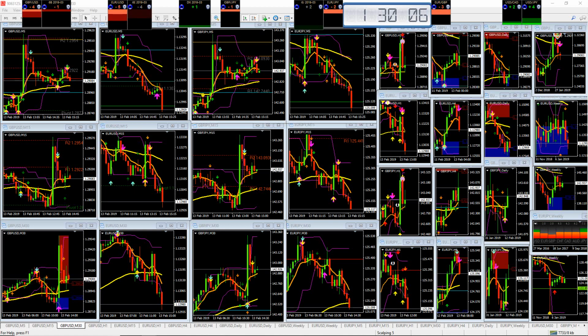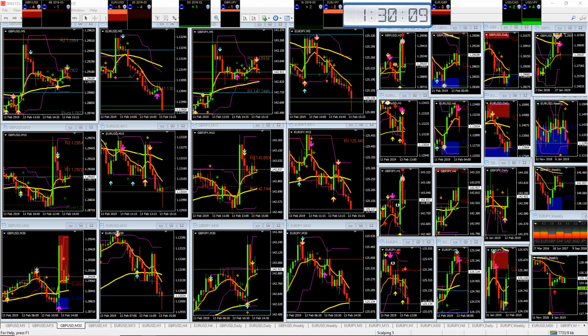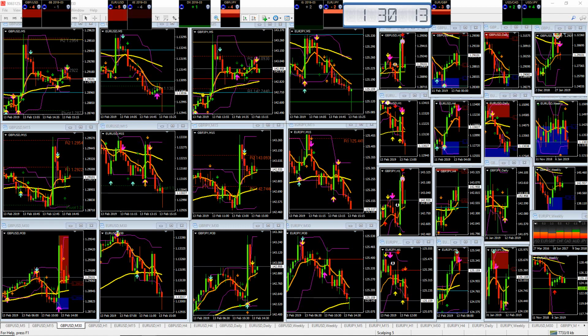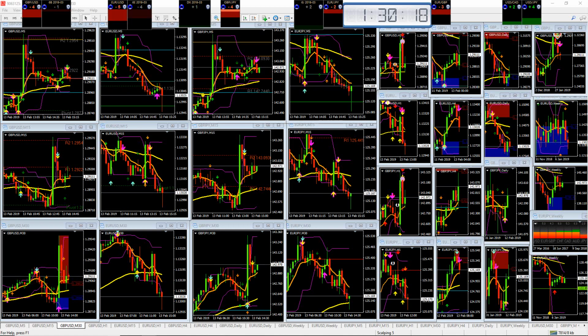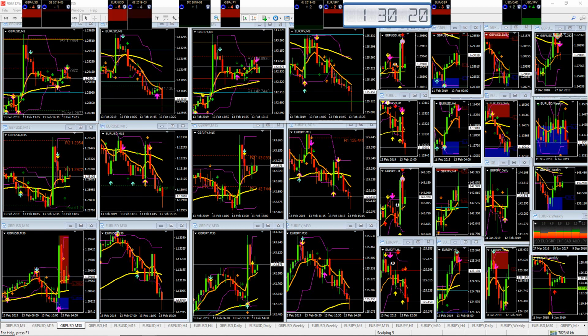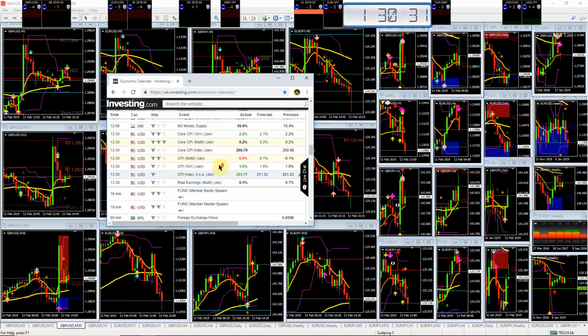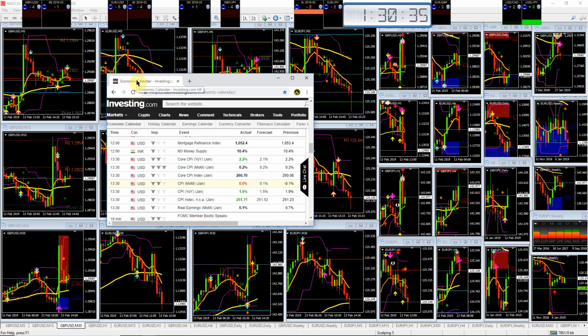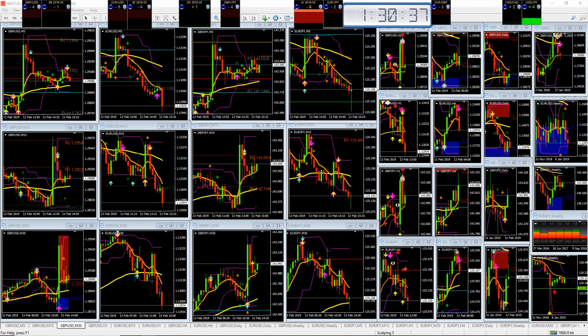Okay, we have got CPI positive, neutral on the month on month, negative on the month on month. Pretty neutral. As you can see, there's basically no action. Pretty boring. Let's see what the market thinks.